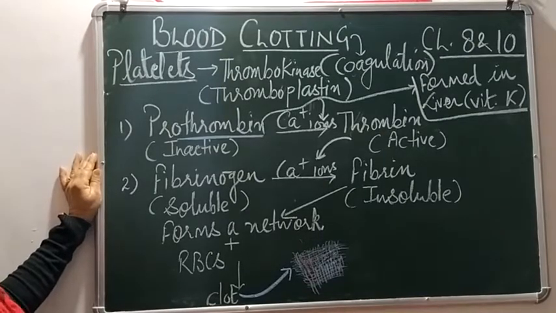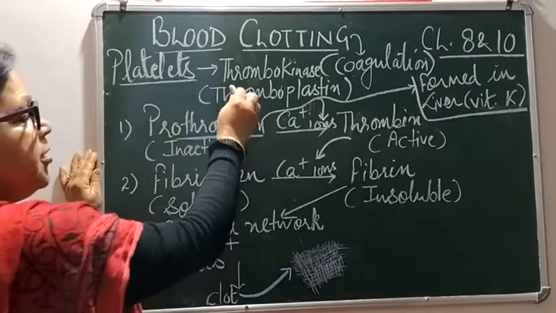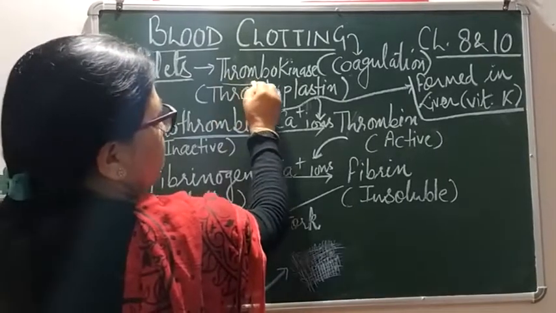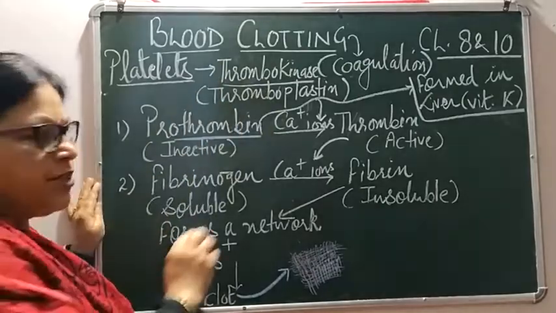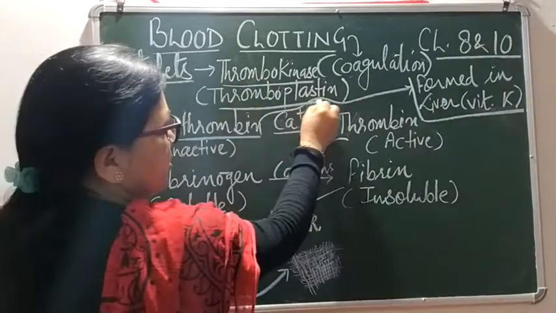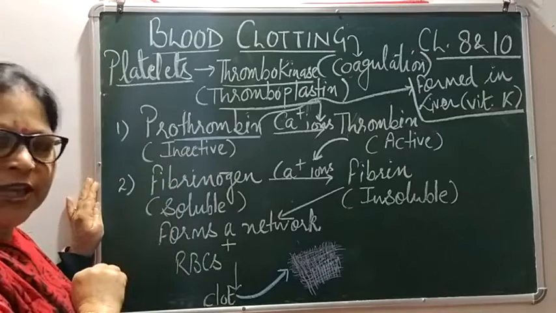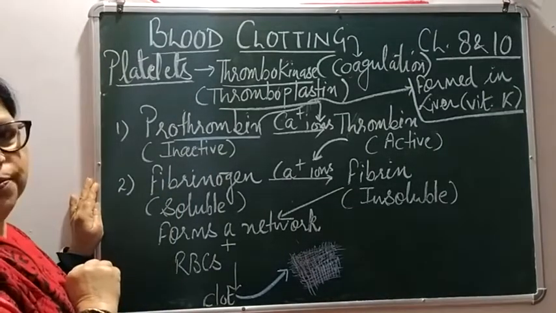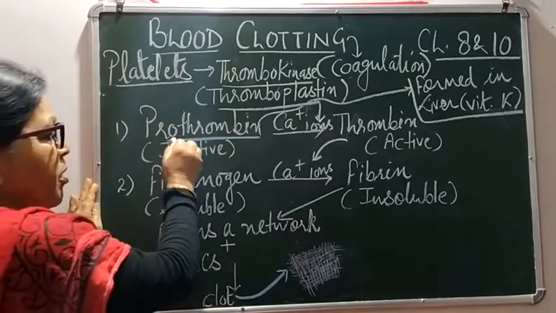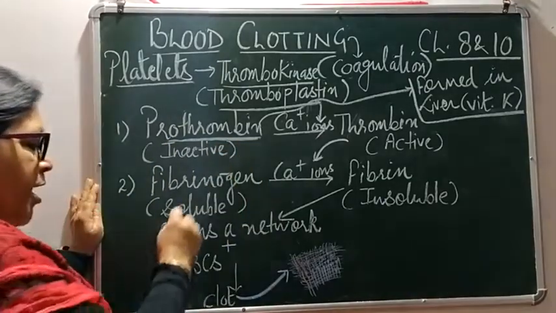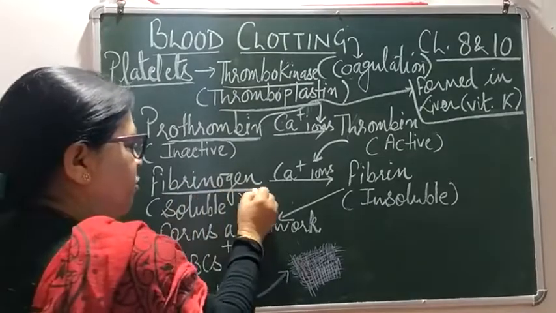For this, children, you will have to learn certain words. One is thrombokinase. The same thrombokinase is also known as thromboplastin. Both are the same, thrombokinase or thromboplastin. The second word you need to remember is prothrombin. And third is fibrinogen.